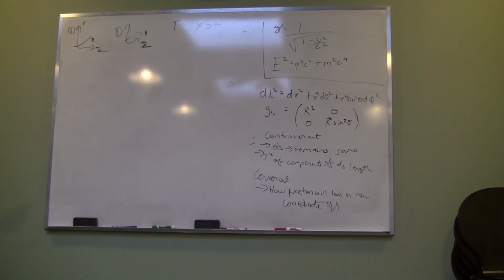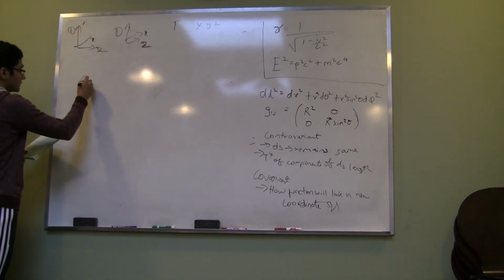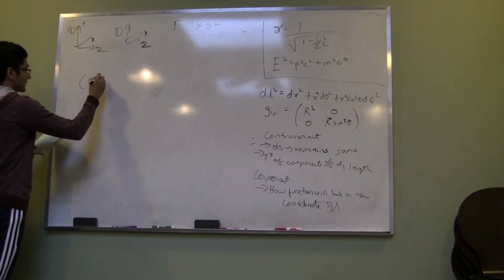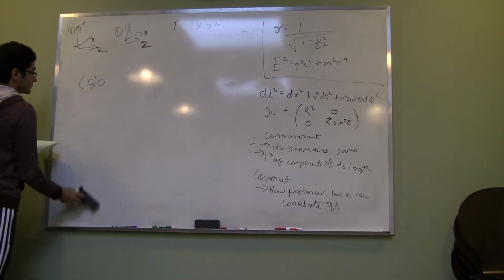If a tensor equation is true in one coordinate system, it will be true in all coordinate systems. As there are no preferred coordinate systems in general relativity, it makes sense to use tensor equations to formulate the theory. So now they are saying this 0, 0 is a scalar, like any number is a scalar.